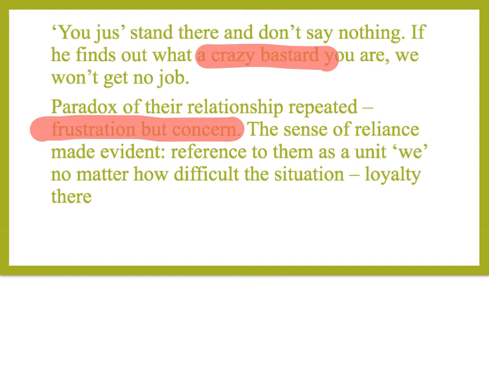The sense of reliance is made evident, reference to them as a unit. We won't get no job. So even though Lennie's the one who's the crazy bastard, George will be impacted because of that. And they are this unit. So Steinbeck uses pronouns. There's your AO2. He uses we won't get no job to show that they operate as a unit, no matter how difficult the situation, that there's loyalty there.